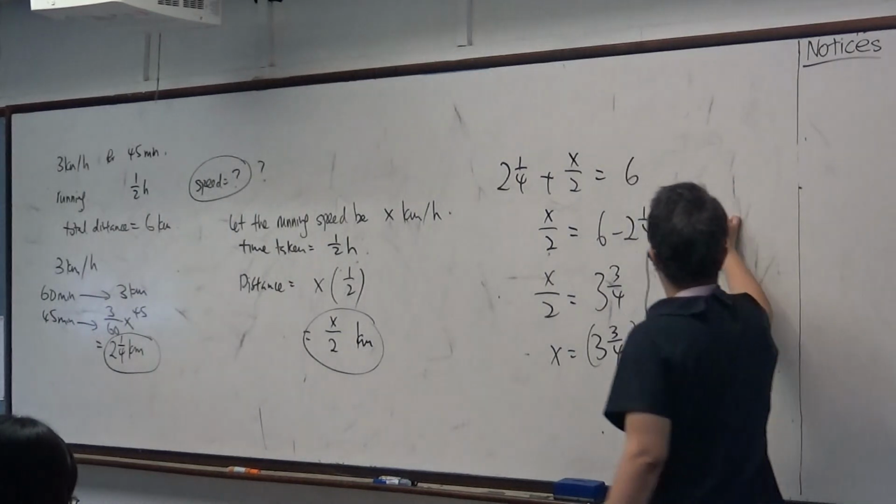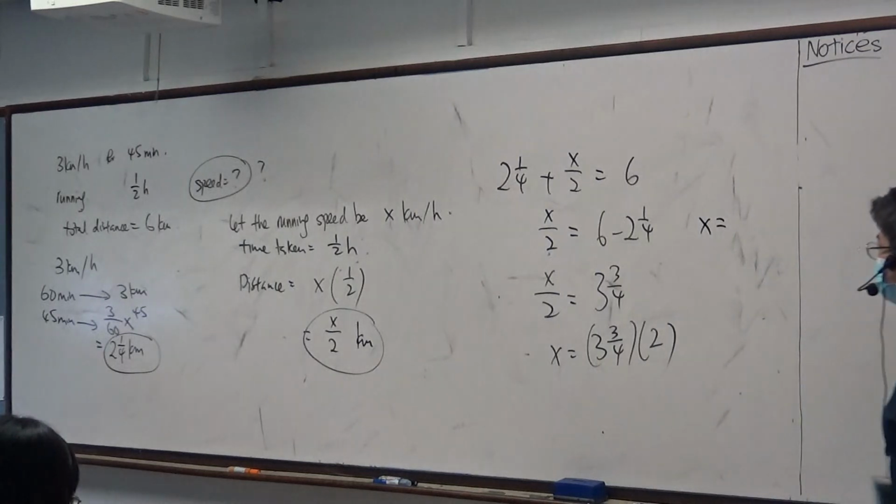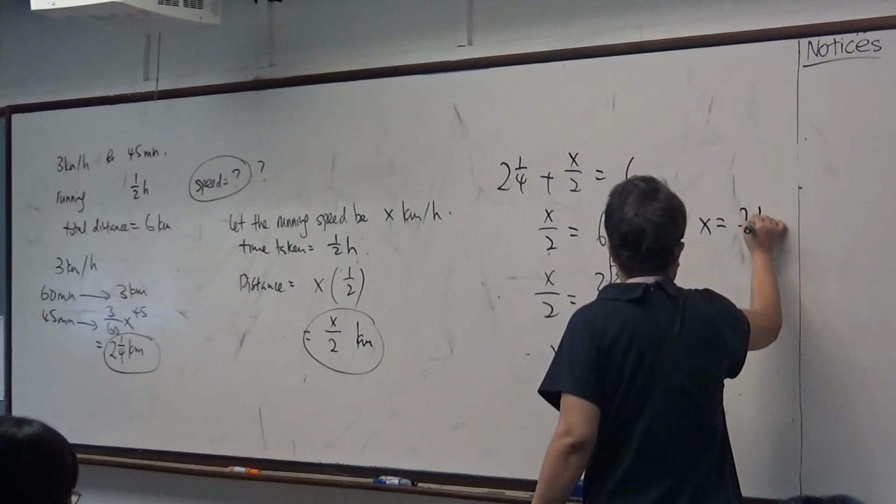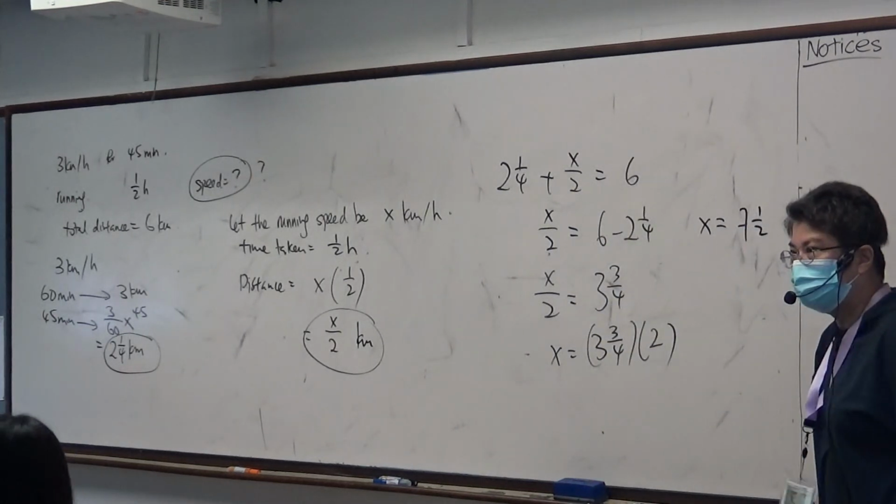Okay, times. What is your x? 7 and a half. So 7 and a half. 7.5 also can, doesn't matter.